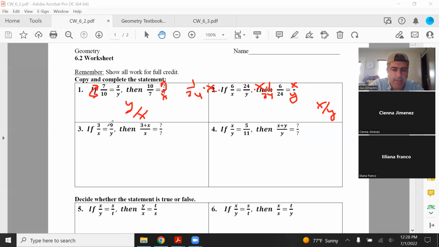So if you're adding x to the top, now this was a little confusing. You could think of this fraction, hold on. No, I'm hiding it.